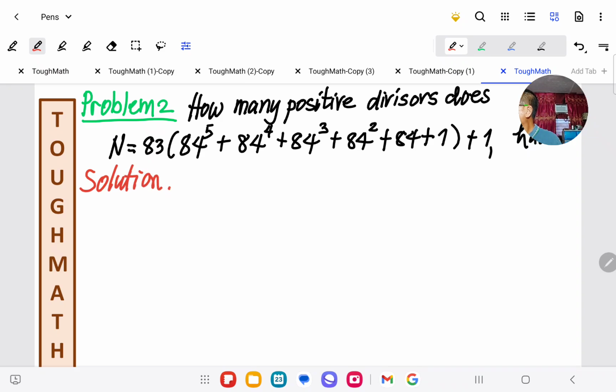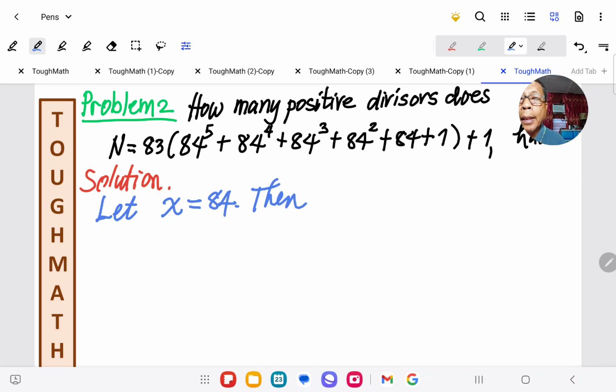Okay, so we start by letting x be equal to 84.